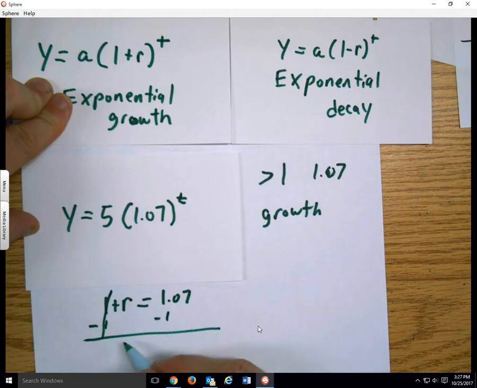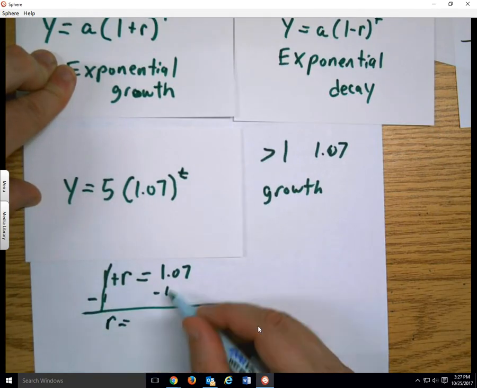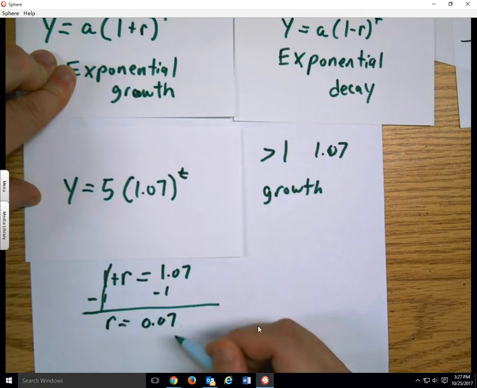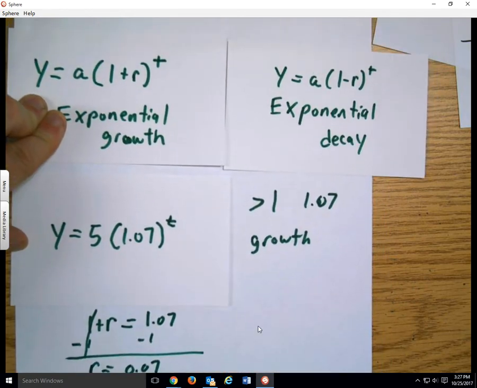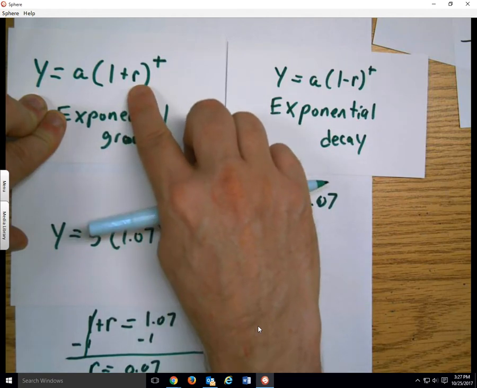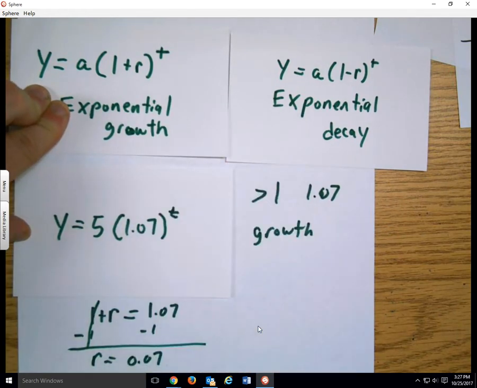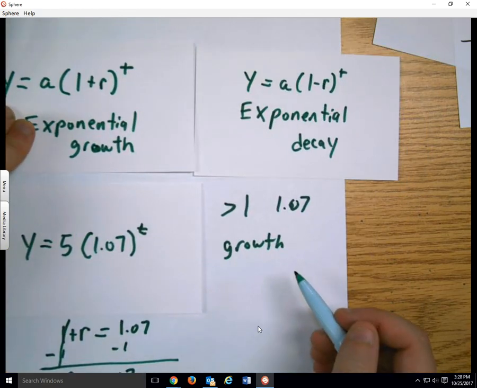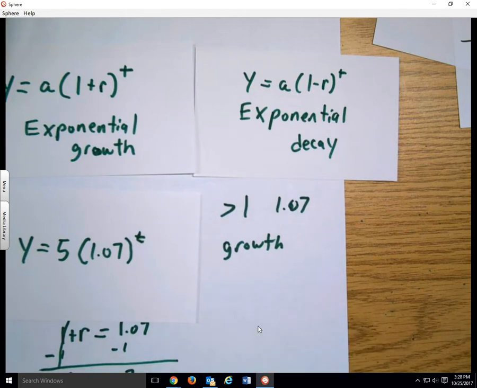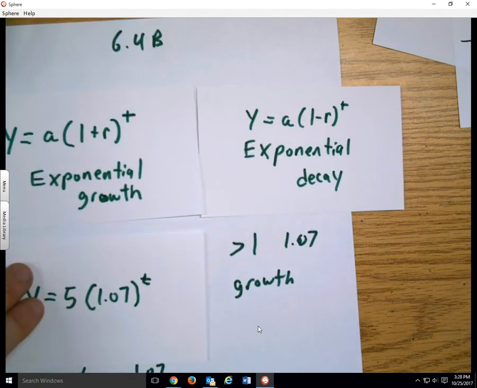These cancel out, and the r would equal 0.07. So that's what the r was. We just had to do inverse operations to see what it was. So in this case, it was an exponential growth with the rate being 0.07, and that's how we did that.